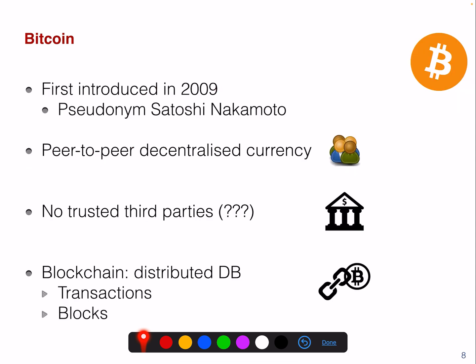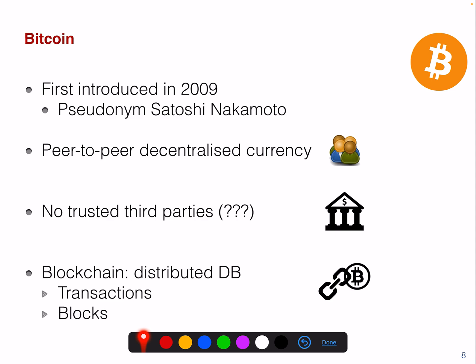As I mentioned in the first lecture, Bitcoin was first introduced in 2008. The software was released by a pseudonym called Satoshi Nakamoto. We still to date publicly don't know who that is, and that remains a mystery, which is an interesting concept for a decentralized currency itself.